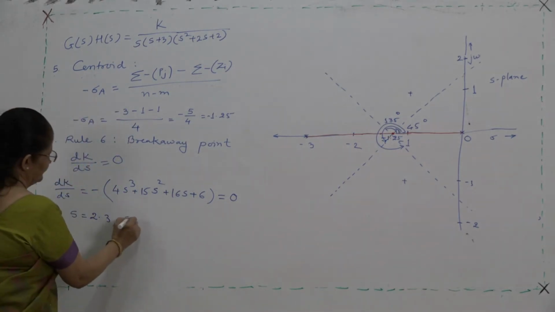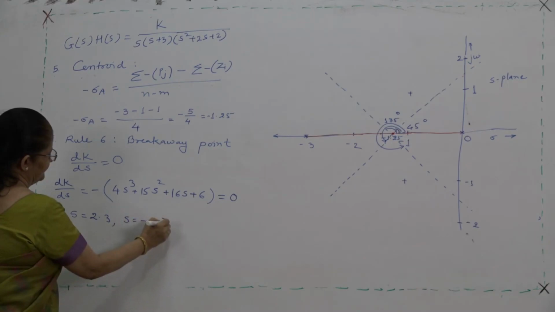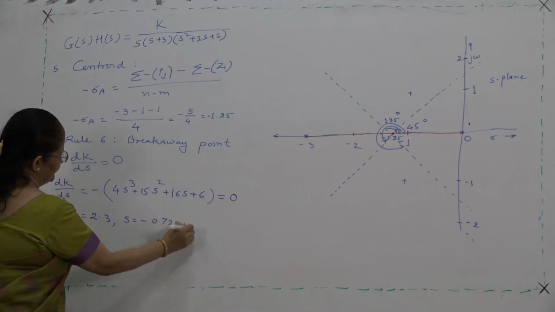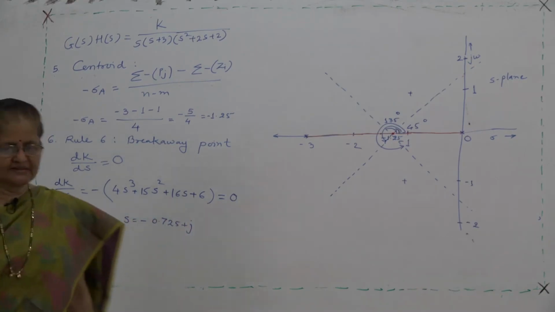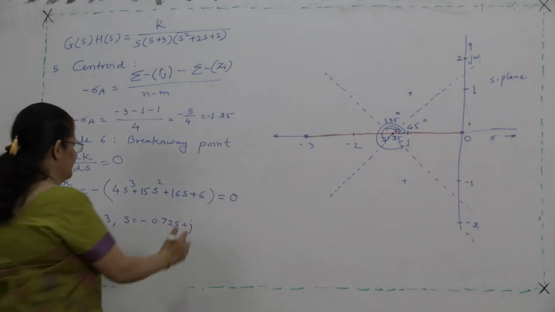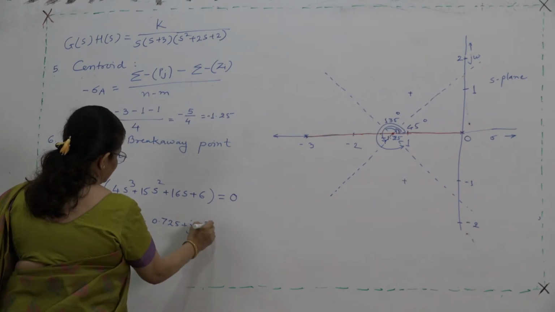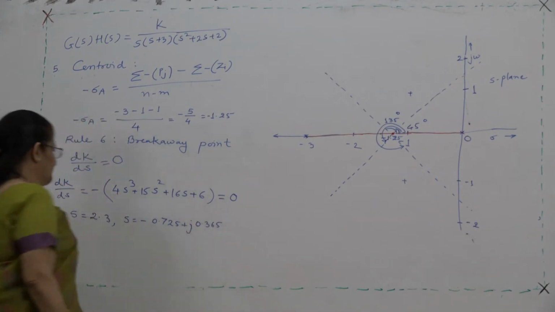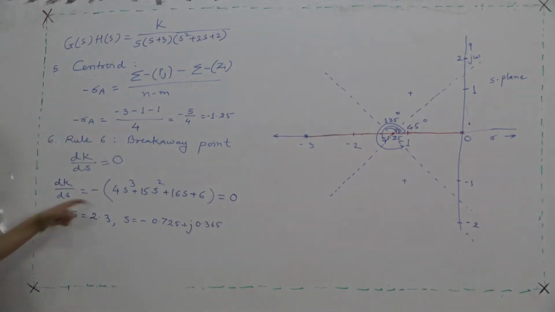So, I will give you the solution here. s is equal to 2.3 is one root, the second root is minus 0.725 plus j 0.365.